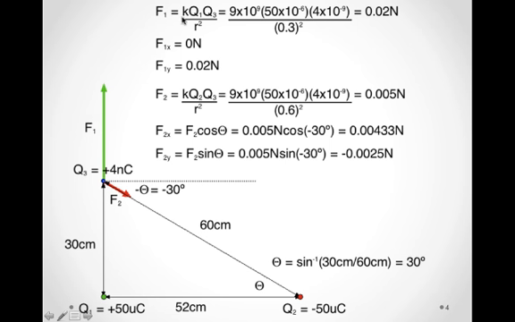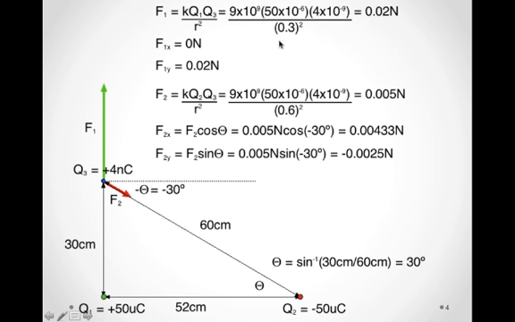Again, I'm calling that force 1 the force of Q1 on Q3. So we use Coulomb's law here, K Q1 Q3 over R squared. To simplify things, I didn't put units in all of this because the exponential notation's messy enough. So we have our constant 9 times 10 to the 9th times the 50 microcoulombs, so that's times 10 to the negative 6, times the 4 nanocoulomb charge on Q3, so 4 times 10 to the negative 9 for nano.